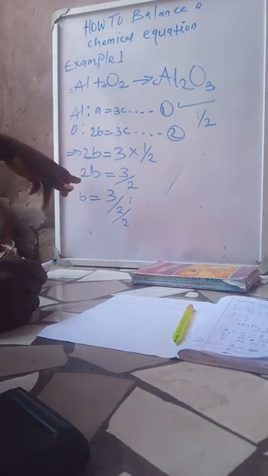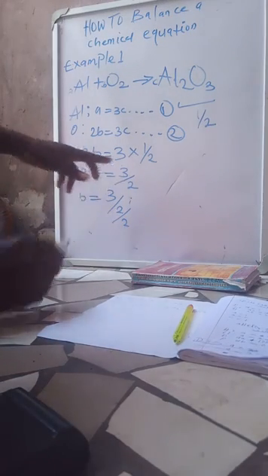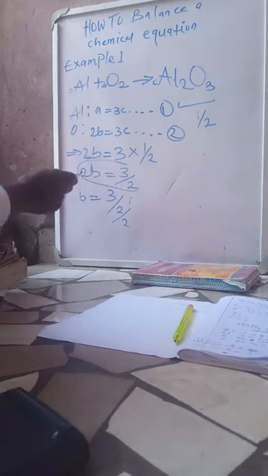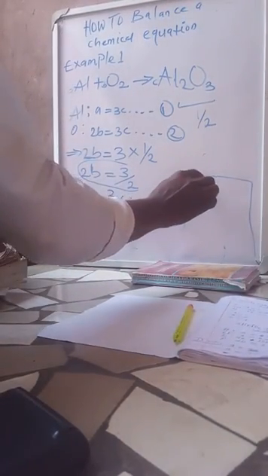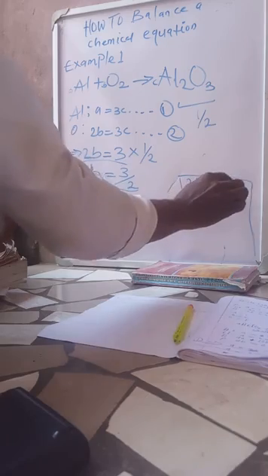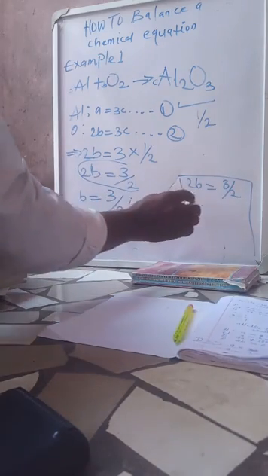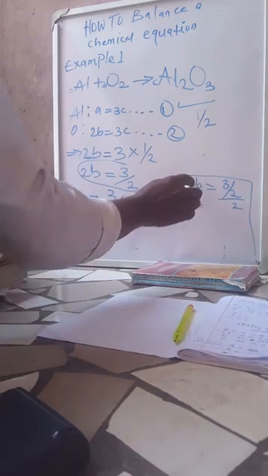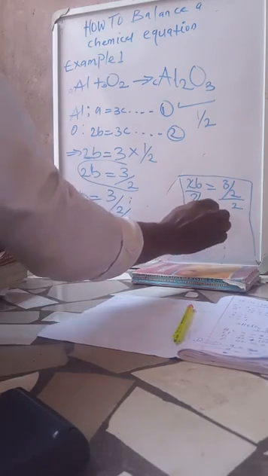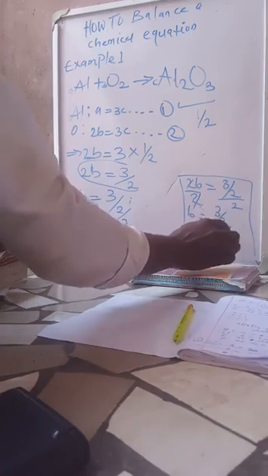If we divide this portion by the coefficient of B, which is 2, we have B, and we have 2 here. So if this cancels this, we have B equal to 3 over 2 over 2.